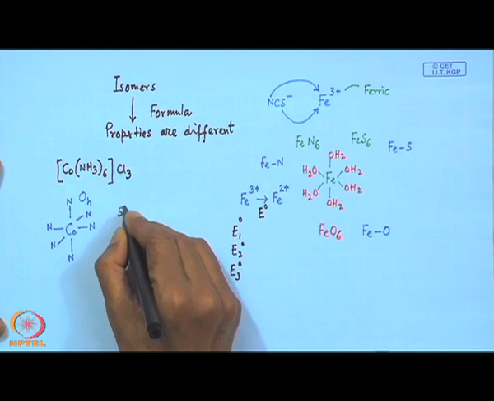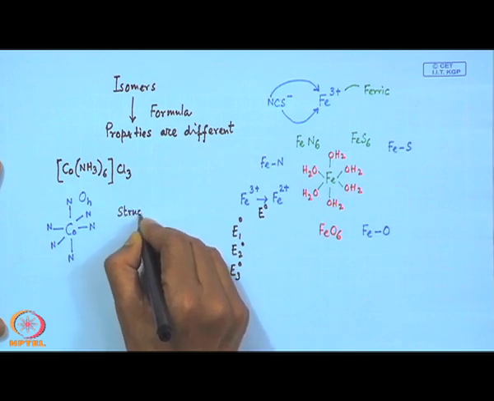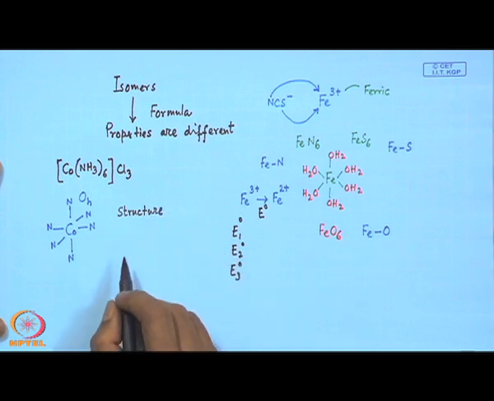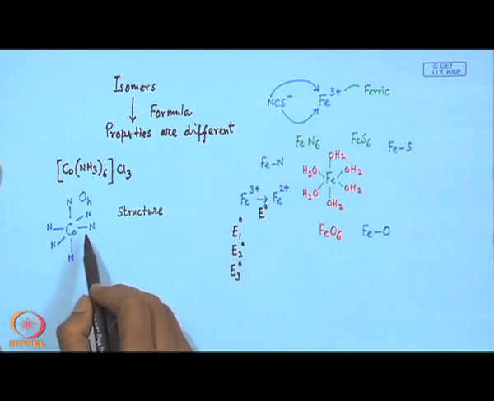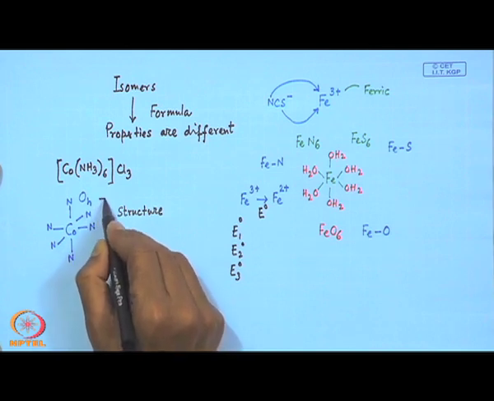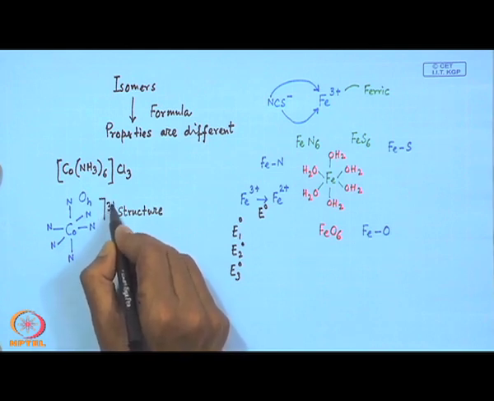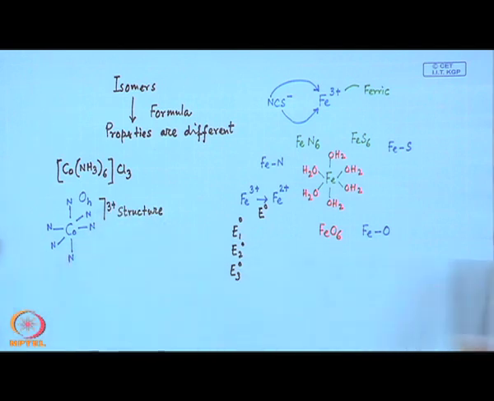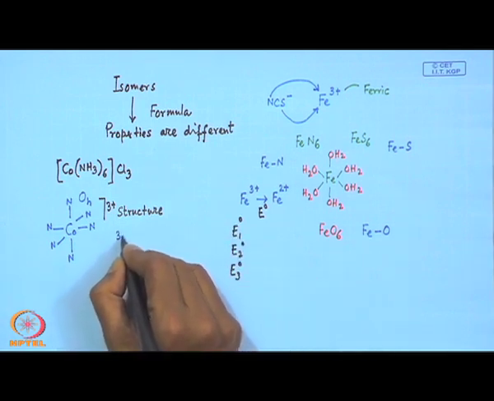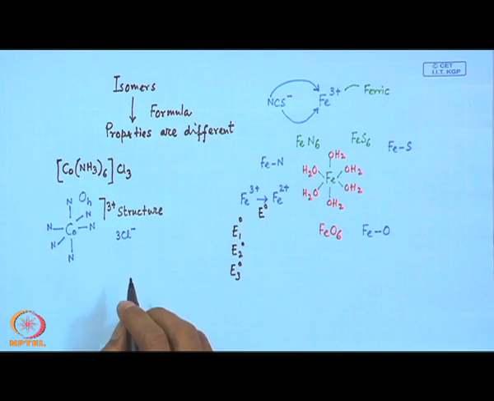So, the determination of structure is important, because whatever we are talking about the different arrangements of these groups, we can consider how these groups are forming. When we get this compound, it is trivalent with respect to the charge on the cobalt center, and 3 Cl minus.